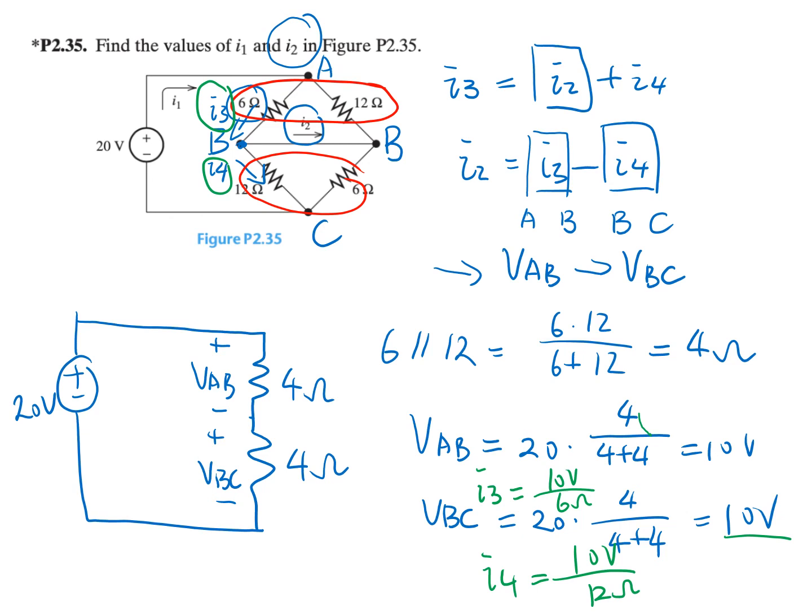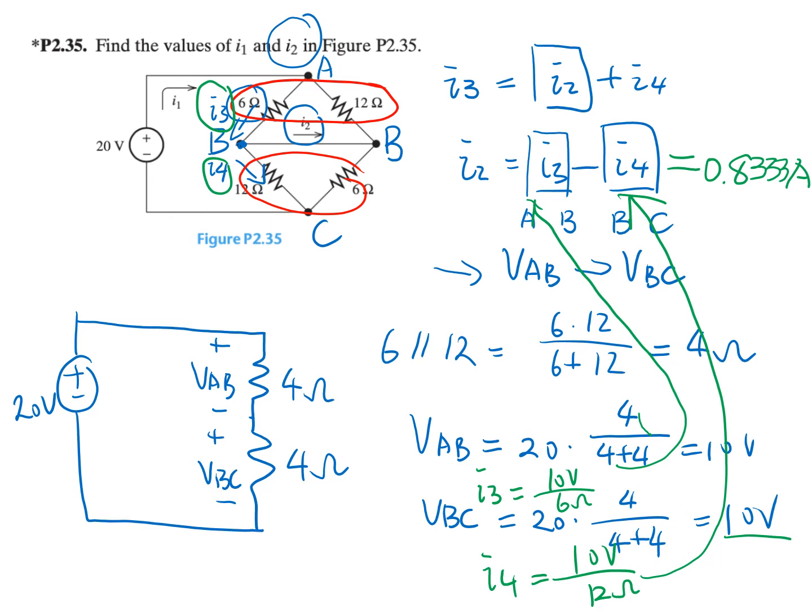So we substitute the values into this equation, and we get I2 is equal to 0.8333 amp. So we can find out the value for I2.